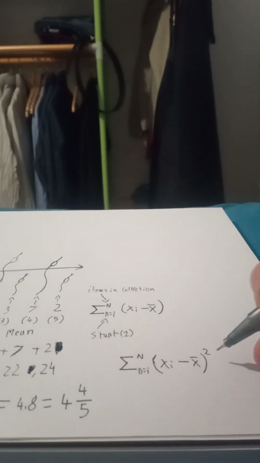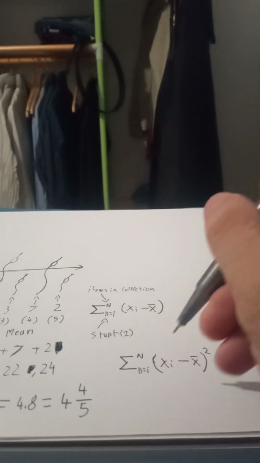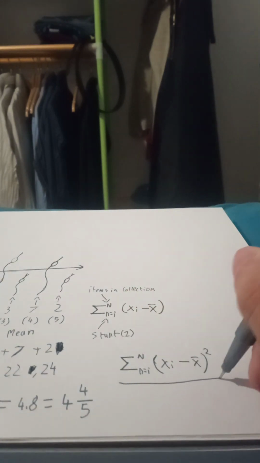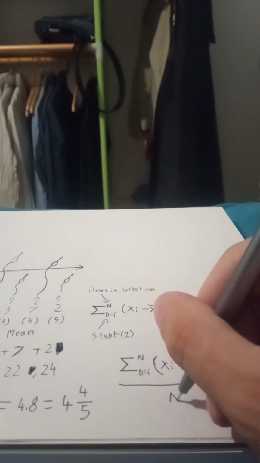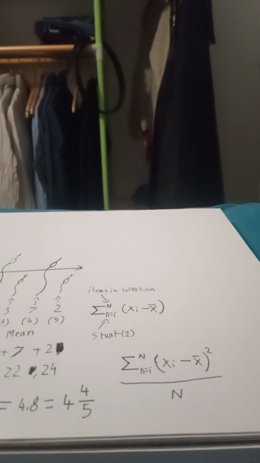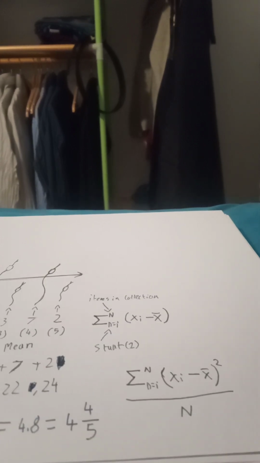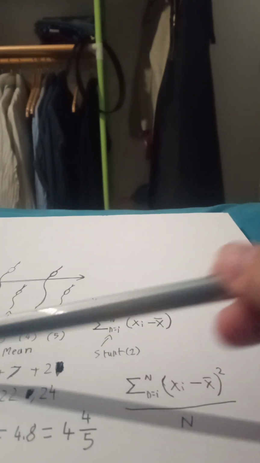And then we've got this thing, which I'll explain in a second. And then we've got another step, right? So what is this? Well, what this is telling you to do is to take every element in our collection, take away the average from it, and then when you get the values, you times them by themselves.